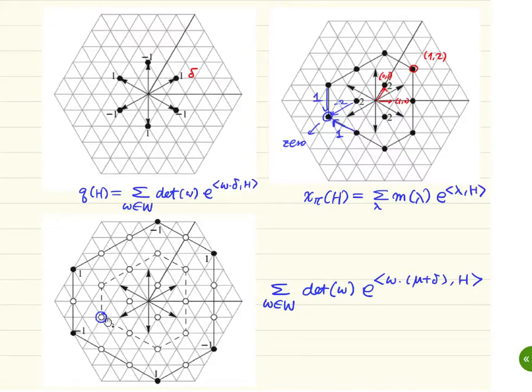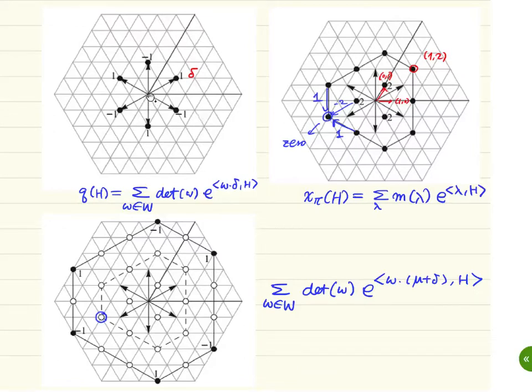Because how can we get this? This vector can be obtained by one of these weights. Think of them as vectors, by adding one of these. How can we obtain this vector? Because we have only 6 possibilities to move from W delta. This can be obtained from this weight by going in this direction.